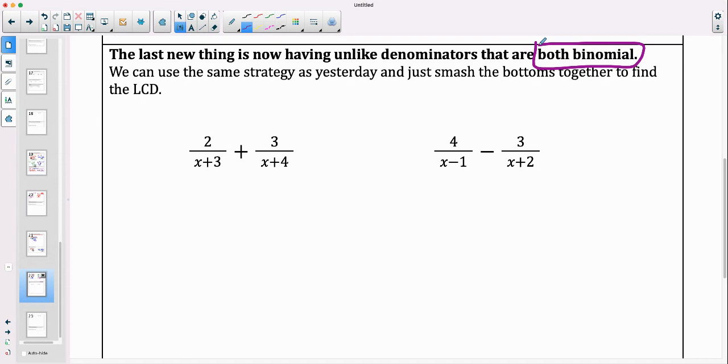So the lowest common denominator for this first one is just x plus 3 with an x plus 4 after it. So what we need to do is just multiply by the other denominator. So this one is missing an x plus 4, while the second fraction is missing an x plus 3.